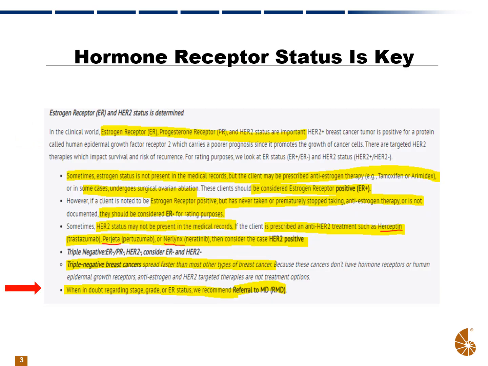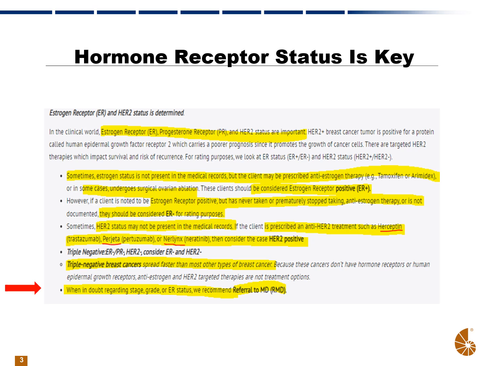So we're going to talk about all the elements that go into the risk score. The hormone receptor status is key. Breast cancer specimens are tested for estrogen receptors, progesterone receptors, and HER2 status.